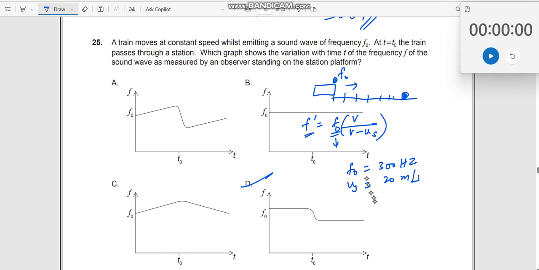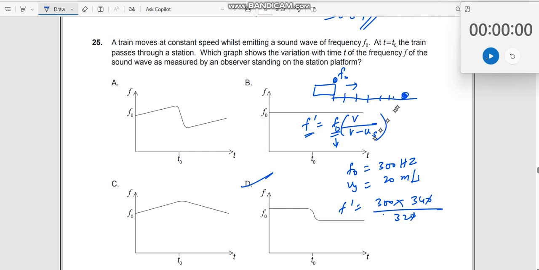Substituting, f dash is equal to 300 multiplied by the velocity of sound, 340, divided by 340 minus 20, which is 320. So you get 300 into 34 divided by 32, which will not change. It remains a constant with respect to time. The frequency that you hear here is different, of course, but that value will remain constant as long as the train doesn't cross you.